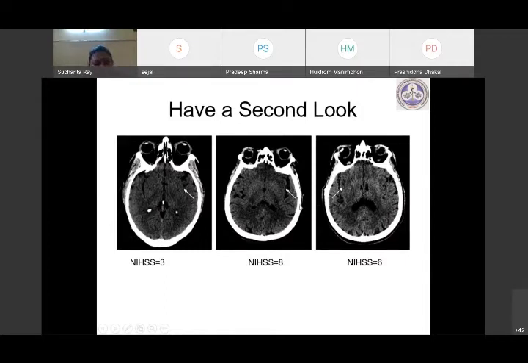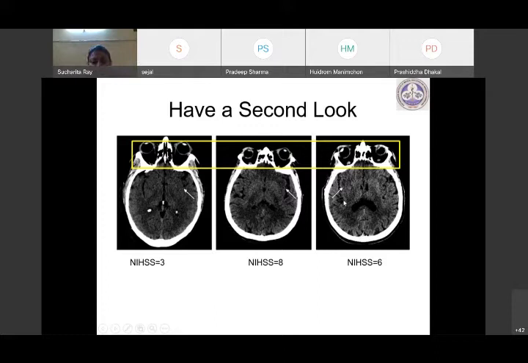But when you have such doubts and you are not able to point it out in the CT itself, you need to have a second look. Maybe there is something else in the CT that suggests it. Look at the position of the eyes. You find there is a conjugate deviation of the eyes. The first one, not so much, and it's obvious the patient's severity is very low. But in slightly more severe strokes, the eyes are deviated conjugately to one side, left in the second, center one, and to the right in the third.